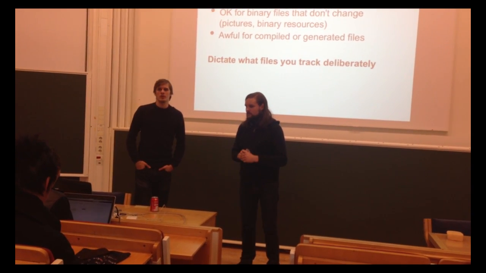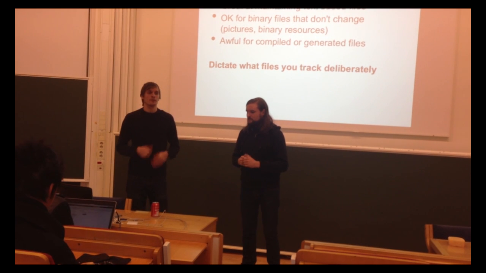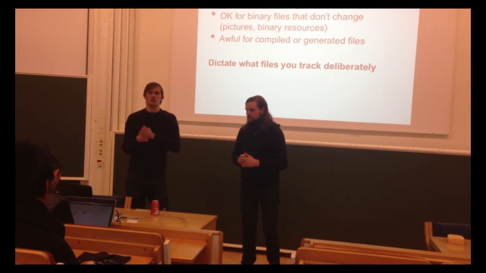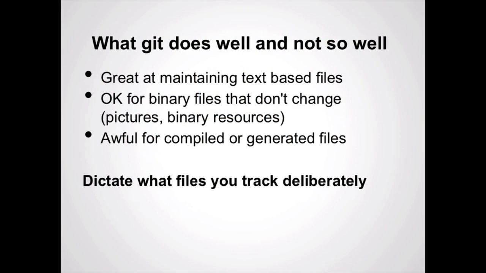What you should use Git for is first and foremost code. Regular text files with code in them are the main purpose of it, but it can also be used for static things like images, where you have one image and you add it once, and that's also very good.